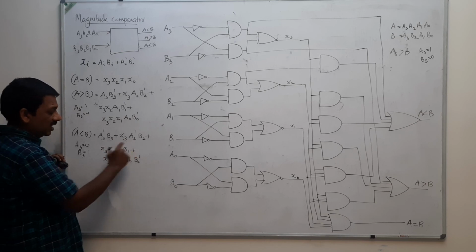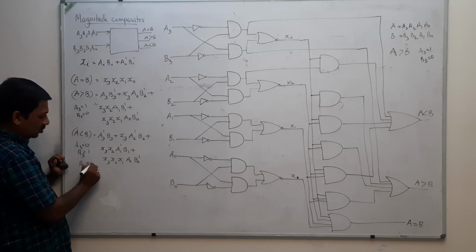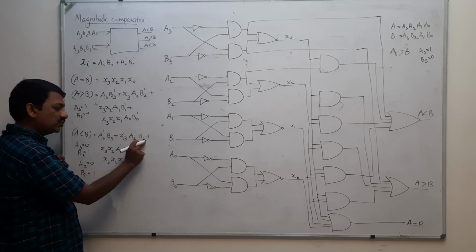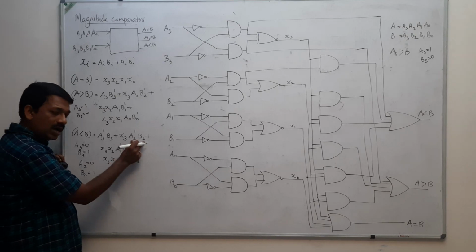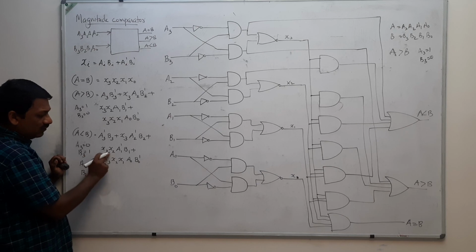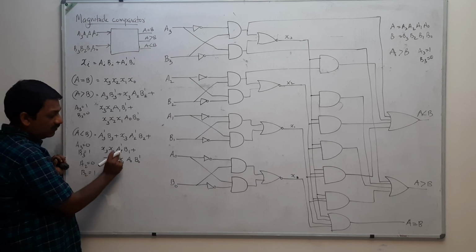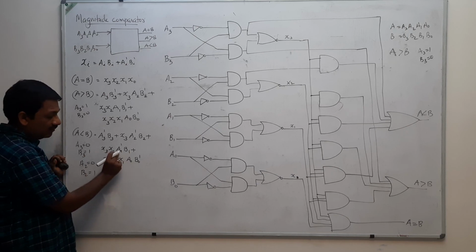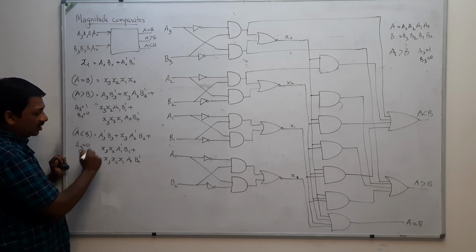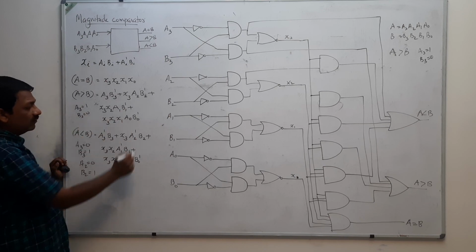Then we are checking whether A2 is equal to 0 and B2 is equal to 1. If those two are same, then X2 will be 1. Then X3 and X2 are 1 and A1 and B1. Then checking whether A1 is less than B1, and in that way you are going to verify this.